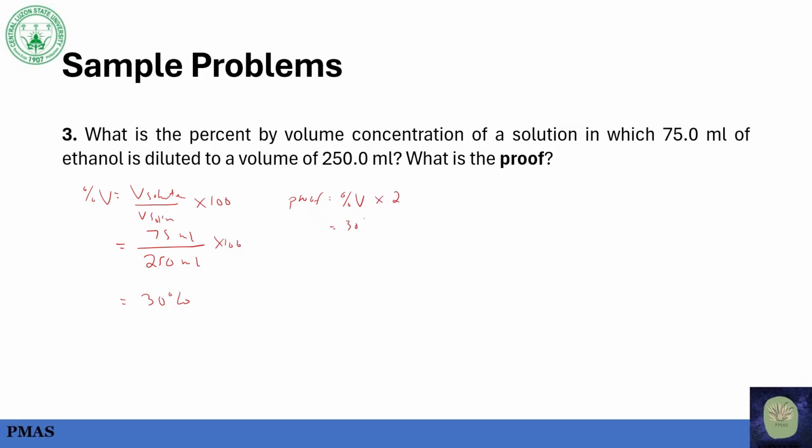Therefore, 30% times 2 means this alcoholic beverage should be around 60 proof. If you browse some alcoholic beverage with 60 proof, just divide it by 2 to get the percent by volume of ethanol. So it is used to distinguish how strong an alcoholic beverage is.